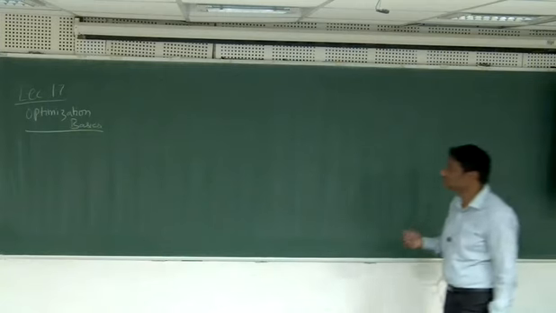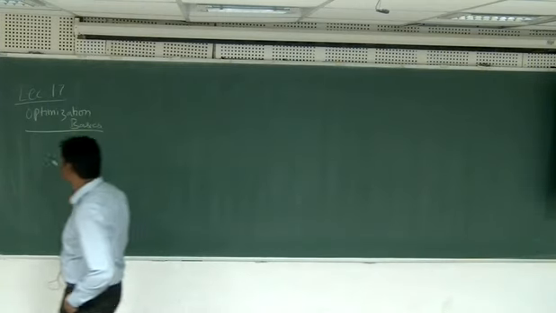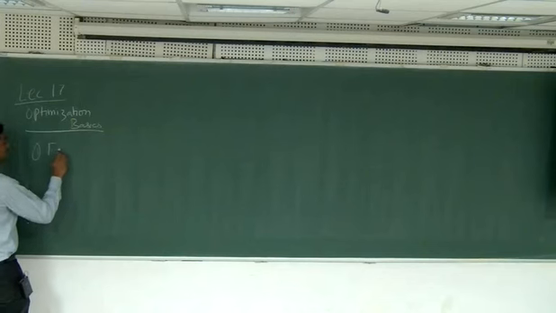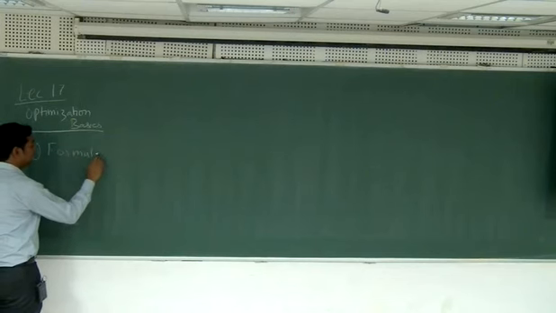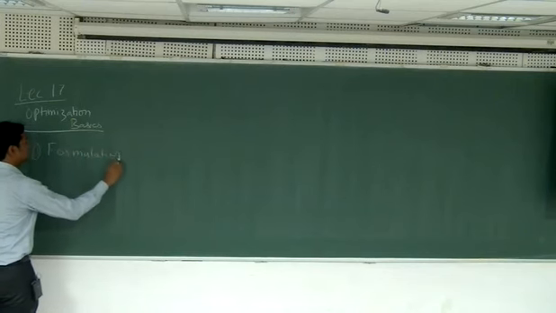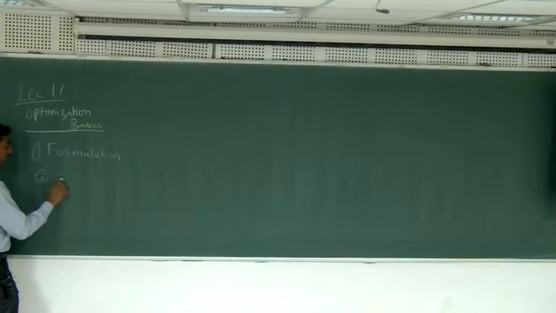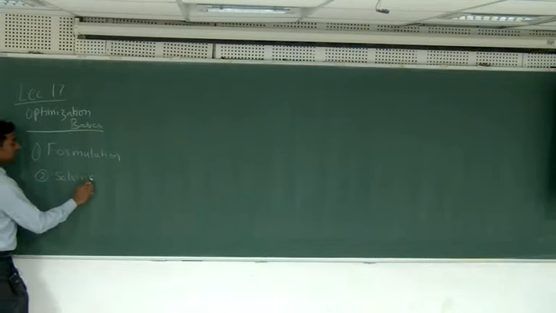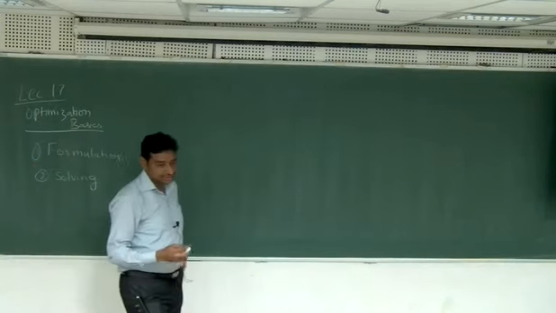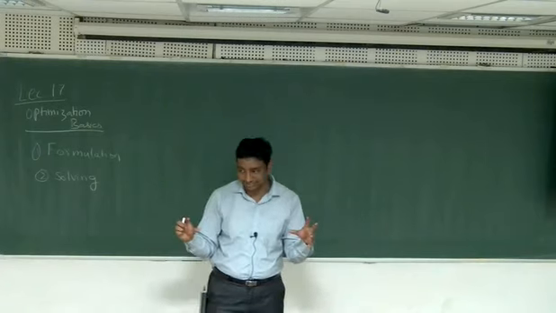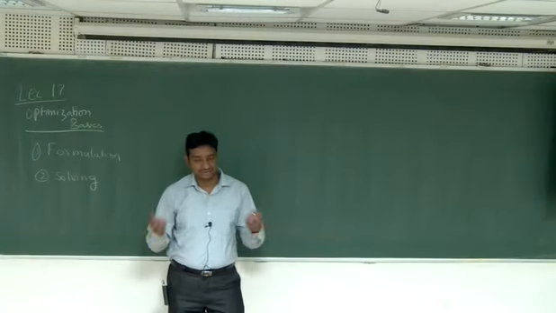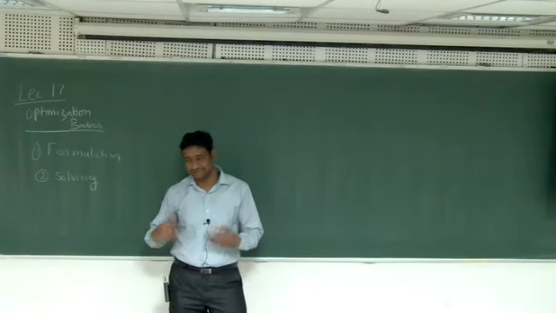There are only two main steps in general. One is the formulation, and the second one is the solving itself. Any problem you have to formulate as an optimization problem, and then the second step will be solving it.